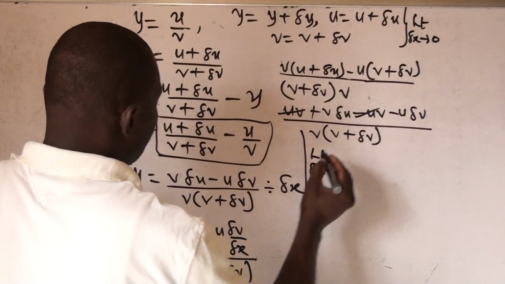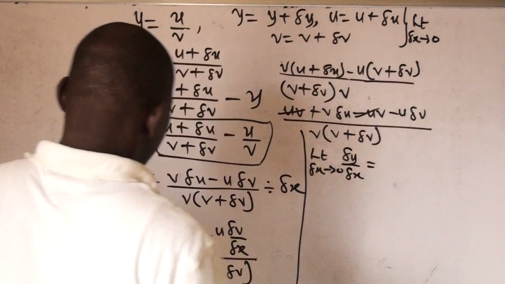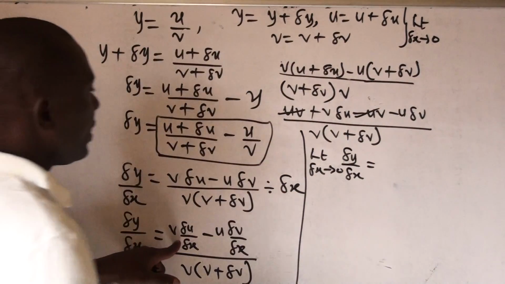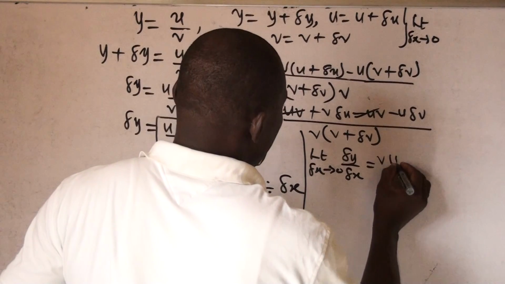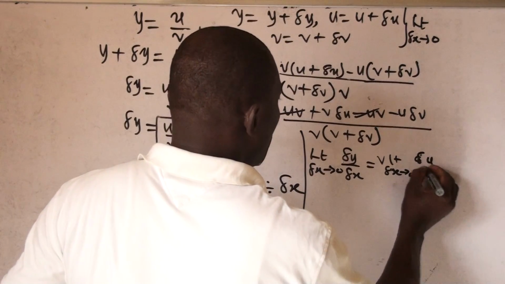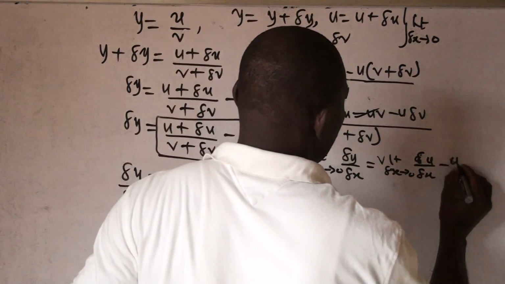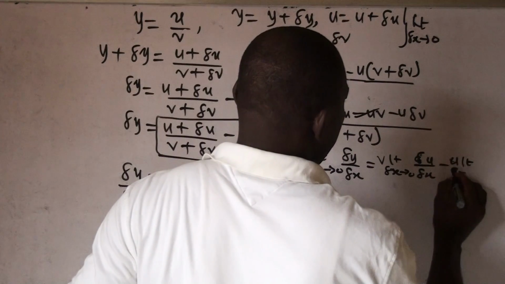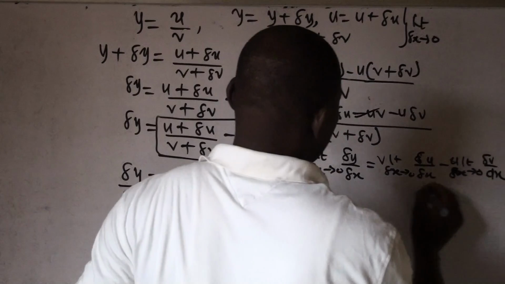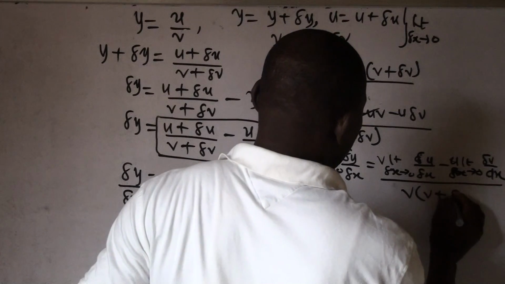The limit will also apply here, and this will become v times the limit as delta x tends to 0 of delta u over delta x, minus u times the limit as delta x tends to 0 of delta v over delta x, all over v open bracket v plus delta v.